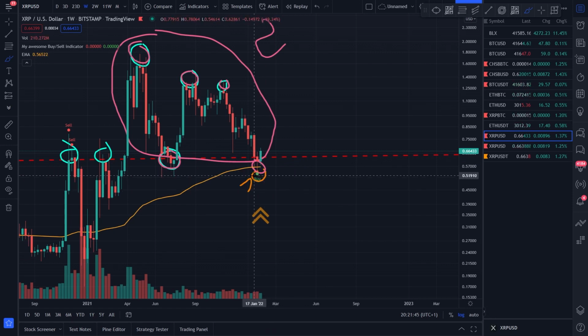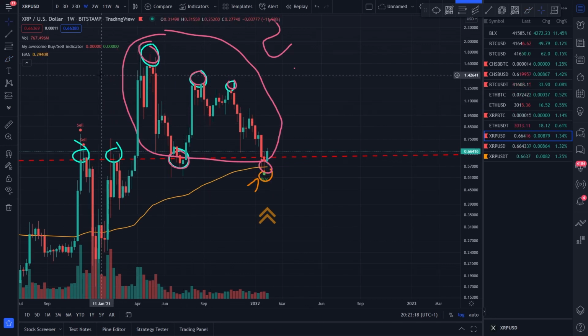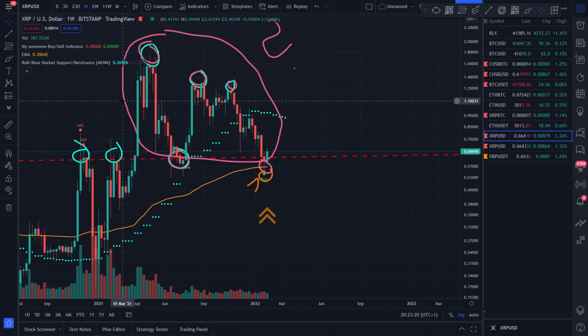And if I add the bull bear market line to the chart in blue, you see the blue dots just right here, we know that XRP went to touch the bull bear market line before going up, and we crossed the line just right here. Then we retested the line before going to the downside.